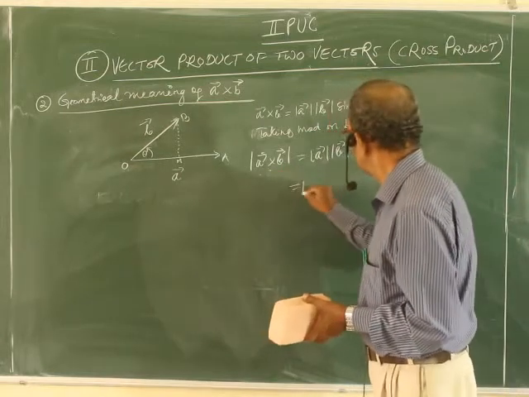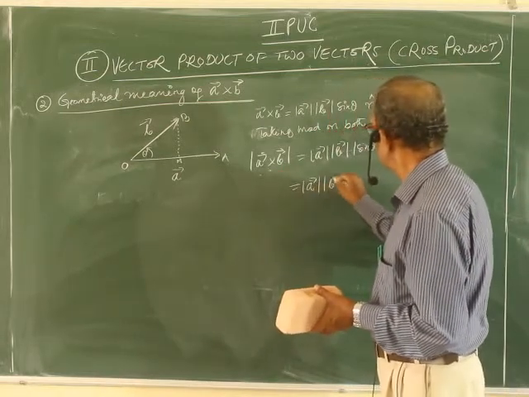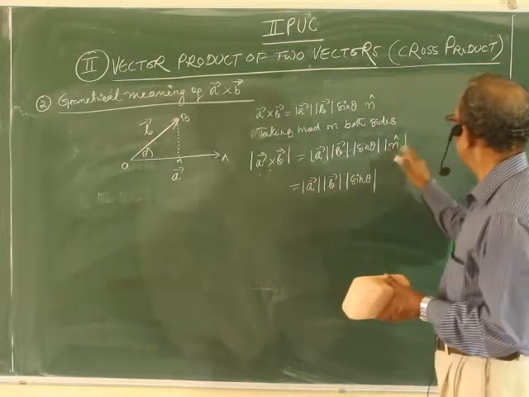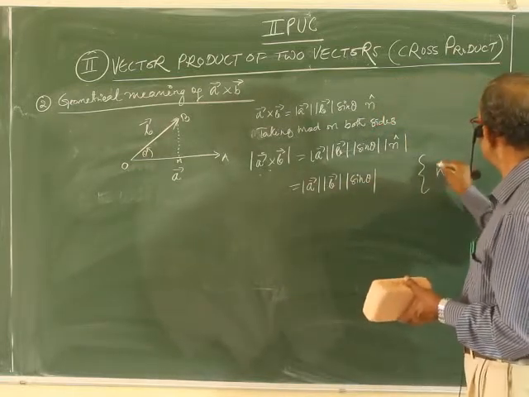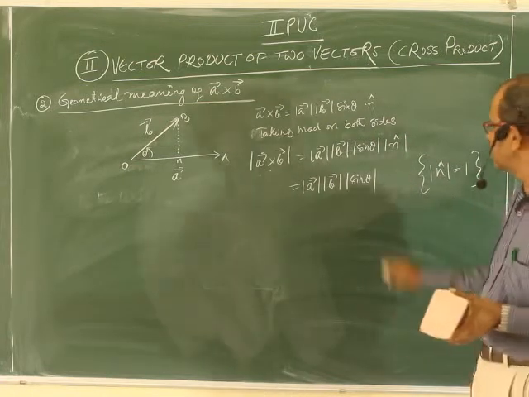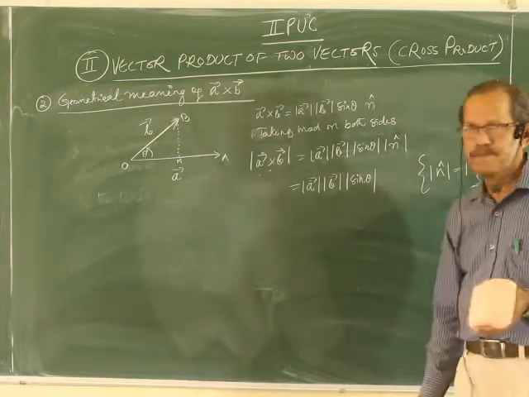Mod A mod B sin theta into mod n cap. It is a unit vector, already told. Therefore, its magnitude is always 1, so it is not necessary to write it here. It is 1.